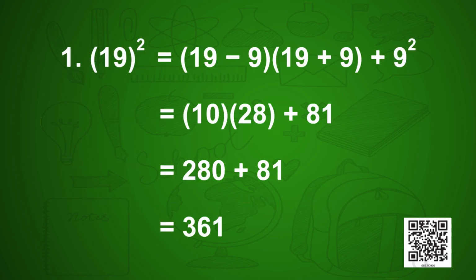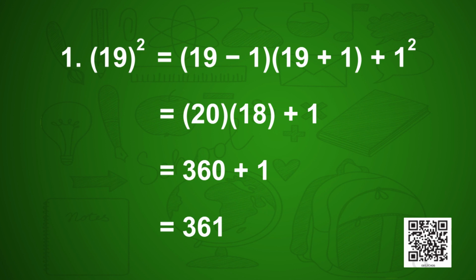Let's look at the second example. We have to find 19 square. Obtain these two numbers by subtracting and adding the number in the units place. In the units place we have 9, so upon subtracting and adding we get 10 and 28. 9 square is 81 and the product of 10 and 28 is 280. So 280 plus 81 will be 361.